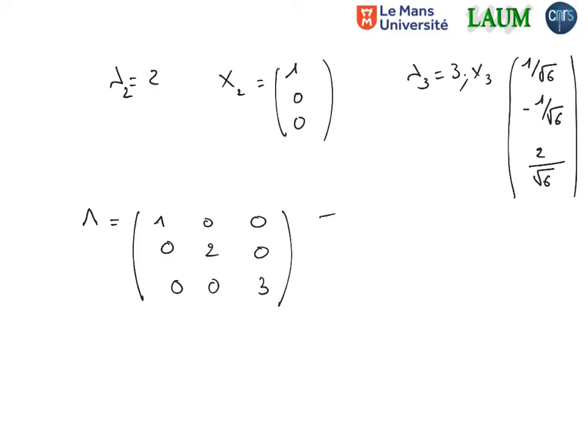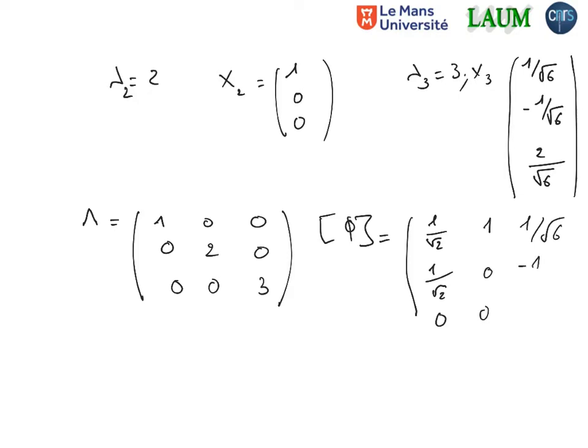And the matrix that I call phi is the matrix whose columns are: 1 over square root of 2, 1 over square root of 2, and 0; the second vector is 1, 0, 0; and then 1 over square root of 6, minus 1 over square root of 6, and 2 over square root of 6. And then we have matrices lambda and phi.